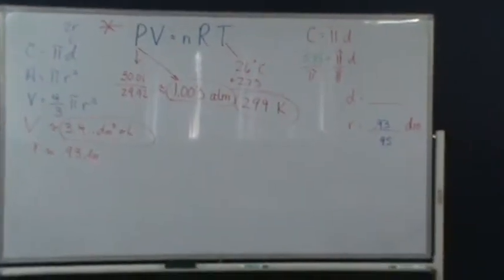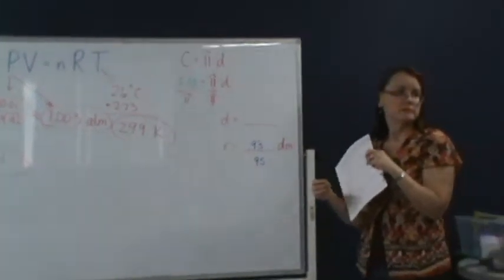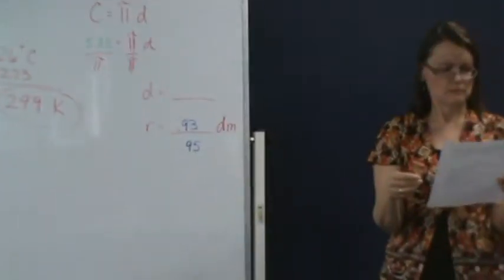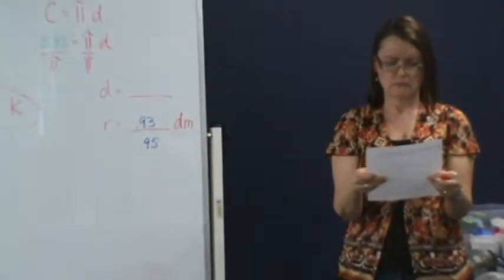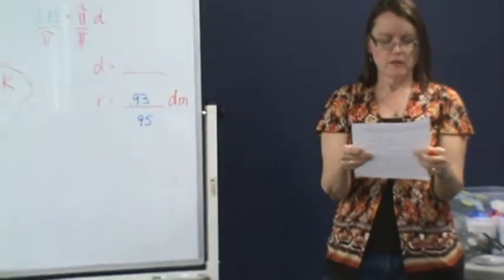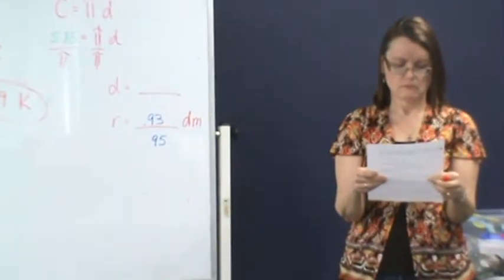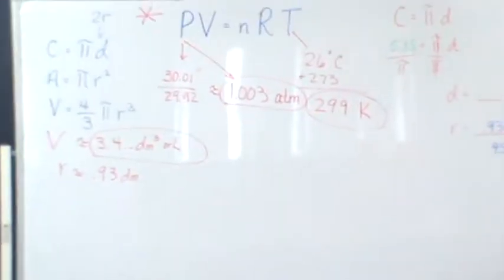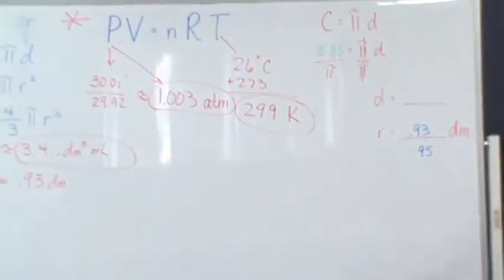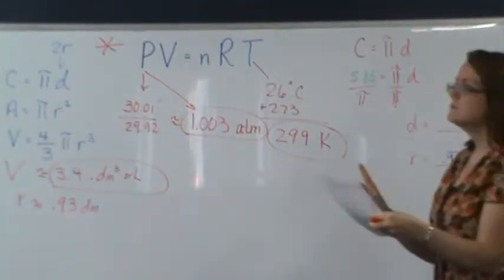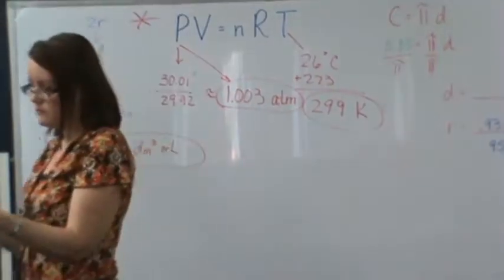It should be a very small number. 0.97. That's what I got. It's the atmospheric pressure, which is 1.003, minus the vapor pressure, which is 0.0332.